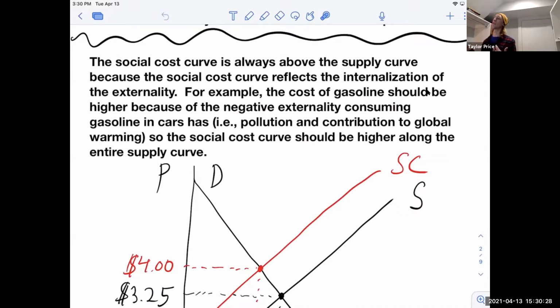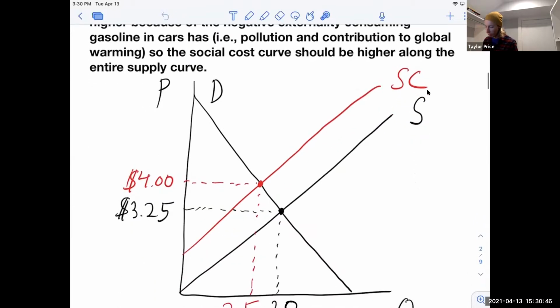For example, let's say the cost of gas. The cost of gas should be higher because of the negative externality that comes with consuming gasoline in cars. For example, you have pollution, which contributes to global warming. Because of that, the social cost curve should be higher, and it should be higher along the entire supply curve.